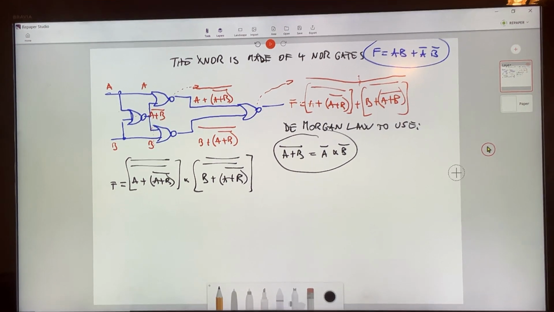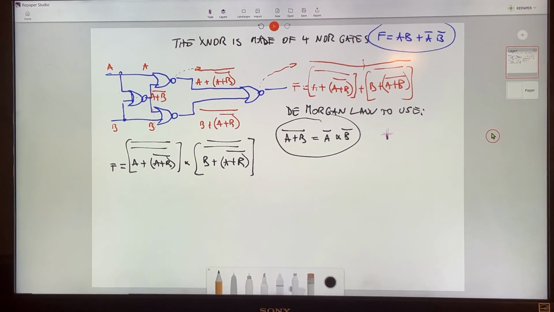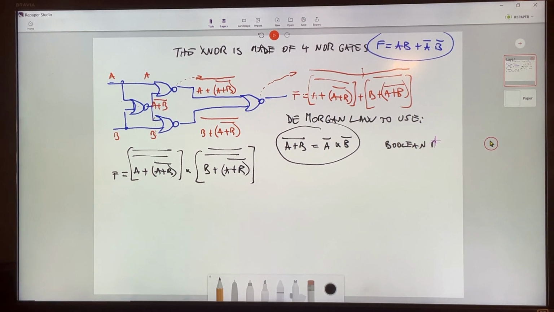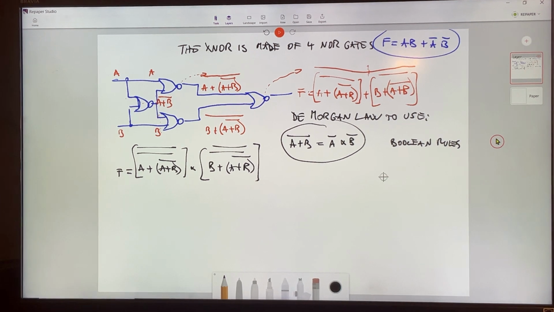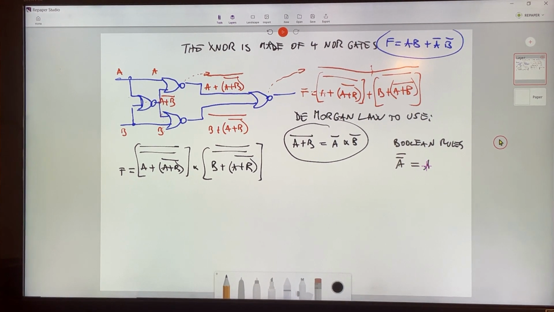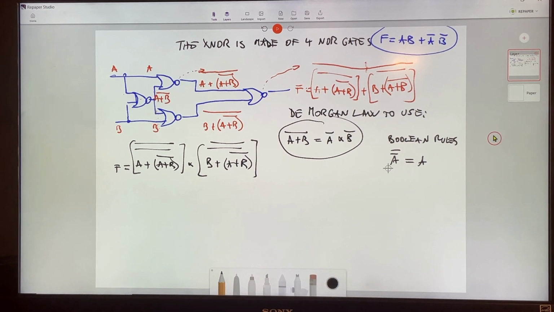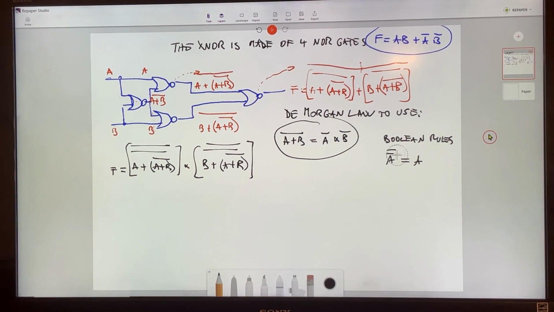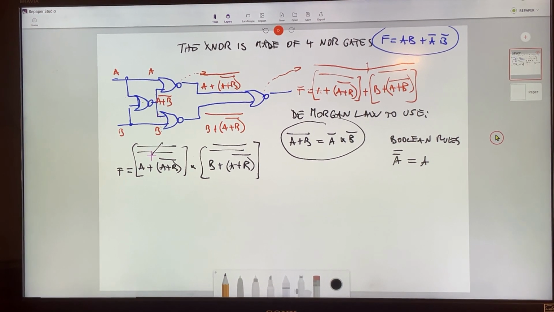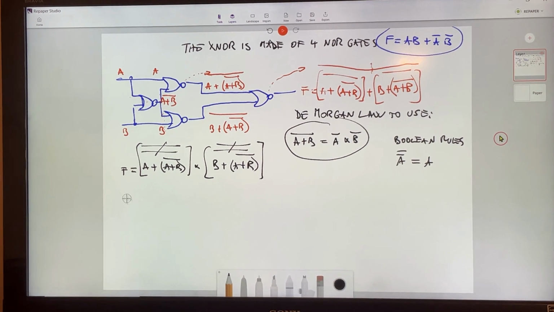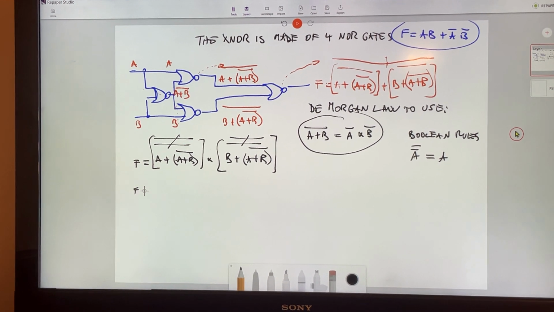But as you know, and I'm going to write it here again, Boolean rules. A with a double bar is the same as A. It doesn't matter what letter or what expression you use with 2 bars in the top, they cancel each other out, like here. These 2 bars are canceling each other out, and these ones as well. So the function is going to be simplified like that.